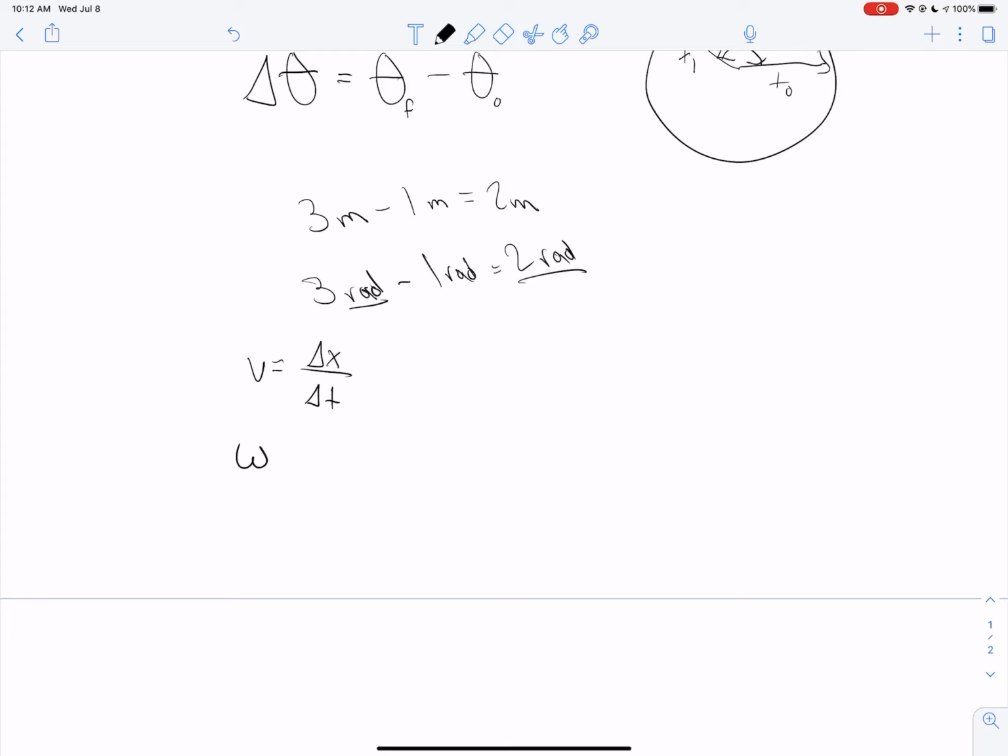Omega is equal to the change in rotational displacement over the change in time, and the units for this will be radians per second. These are the units for rotational velocity.